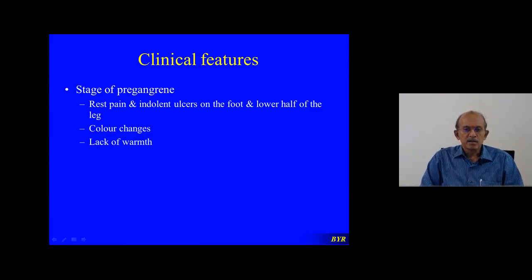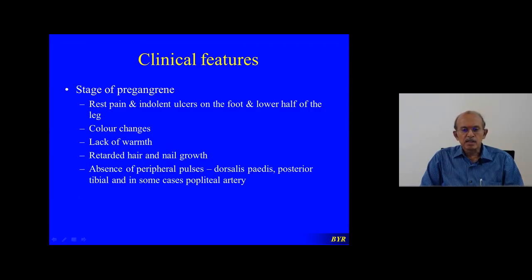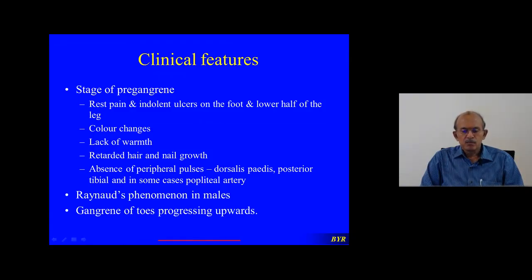Color changes, lack of warmth, retarded hair and nail growth, absence of peripheral pulses, dorsalis pedis, posterior tibial, and in some cases popliteal artery. Raynaud's phenomenon is seen in males. If it is neglected, there will be gangrene of the toes progressing upwards.